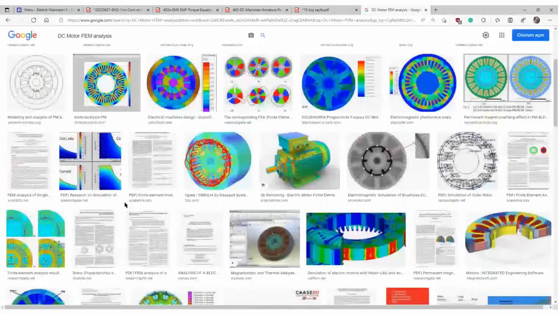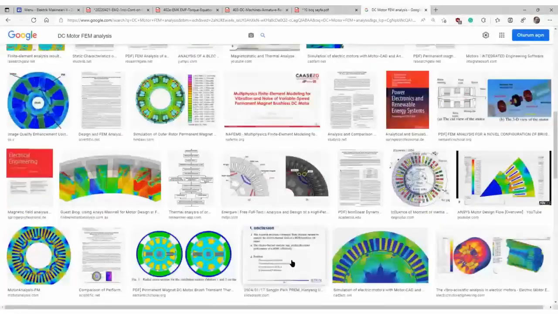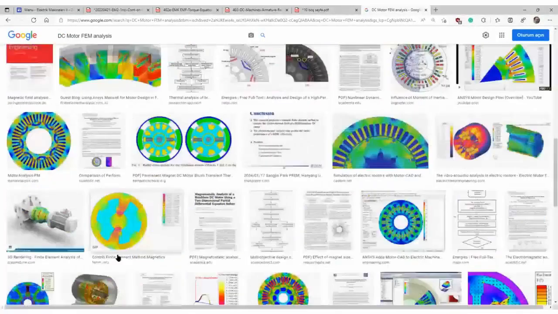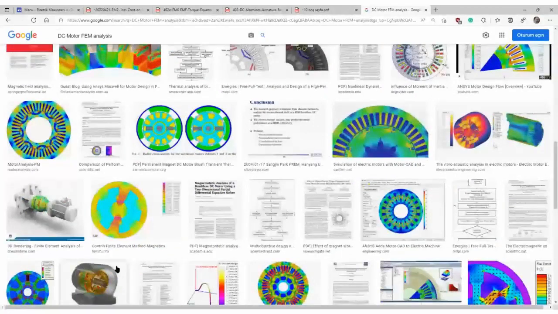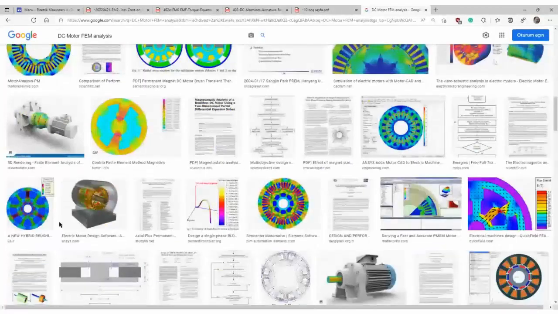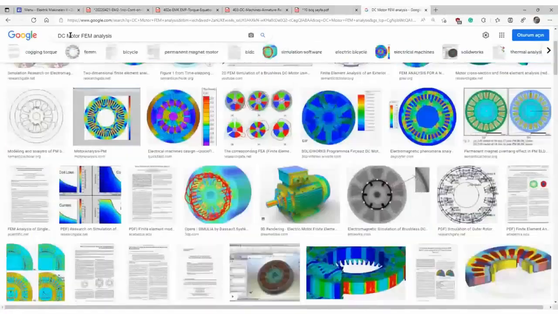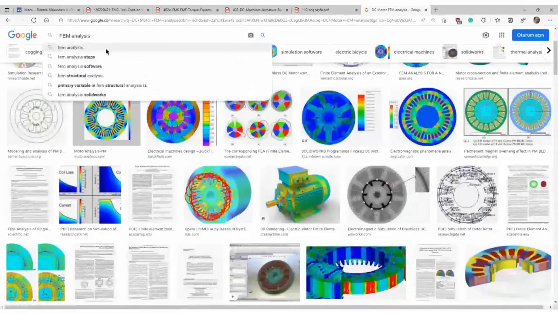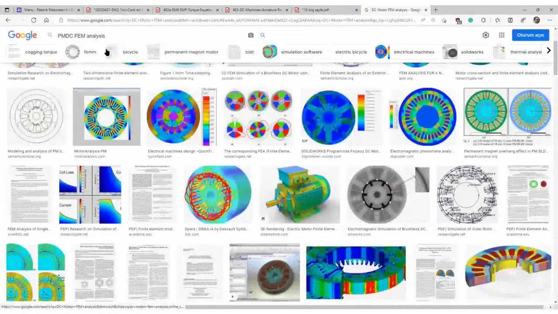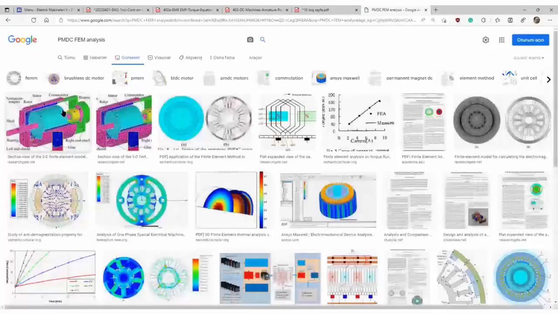There are lots of different machine types examined here, but there is no DC machine. FEM DC motor, or let me say PMDC perhaps. It is a more recent machine.